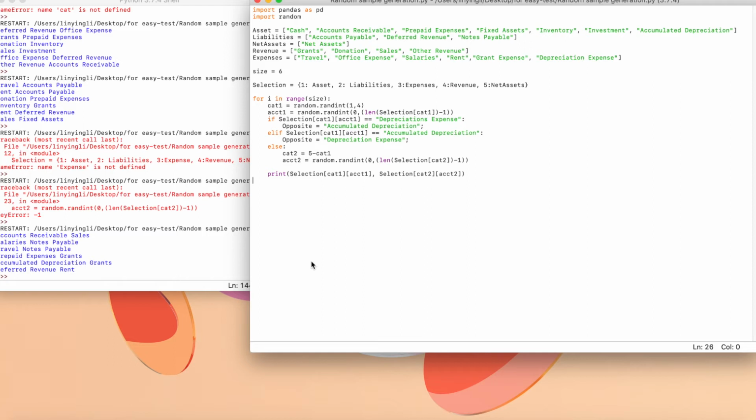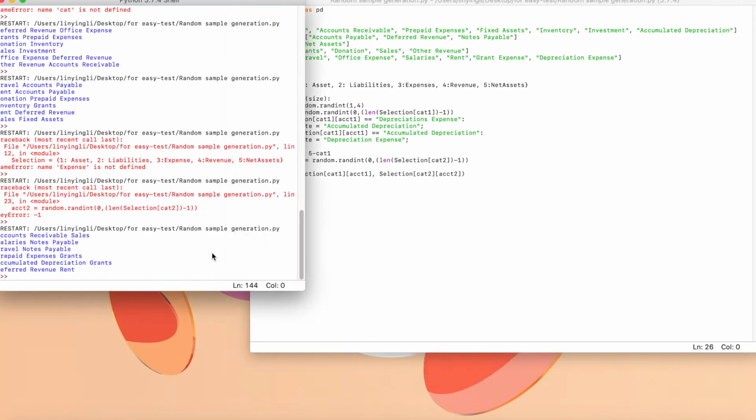Third one is we debit travel, credit notes payable. It's not so ideal, but it's acceptable. Next one with debit prepaid expense, credit grants. That is not so realistic.